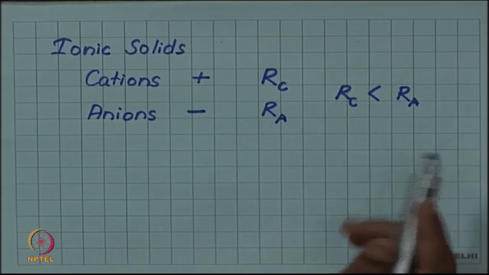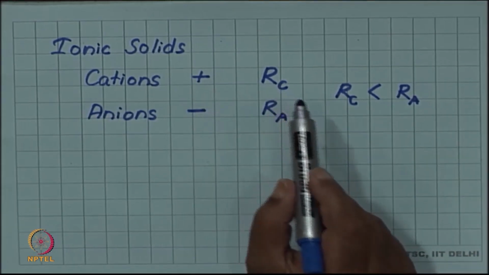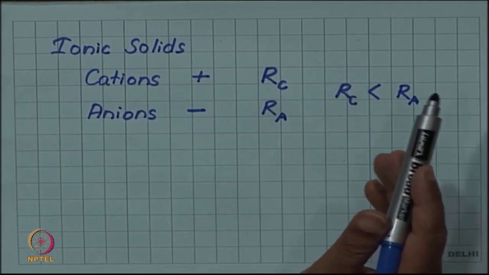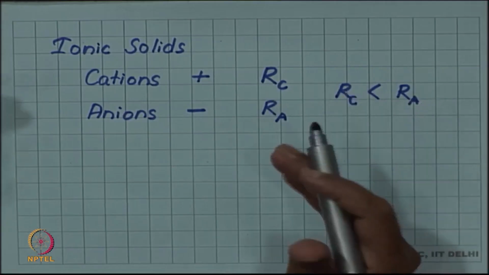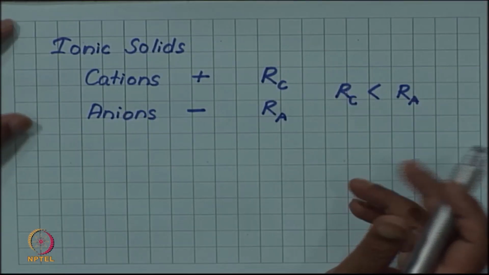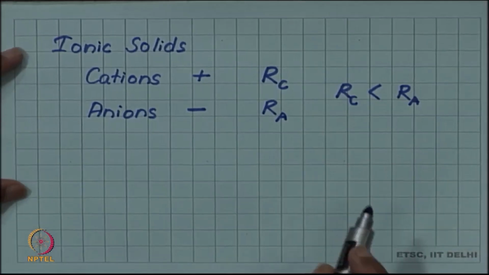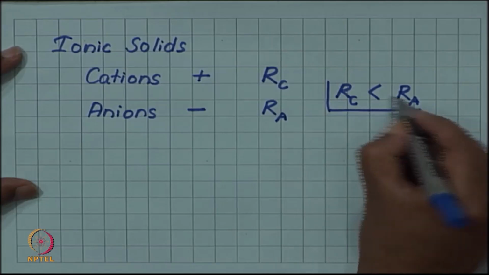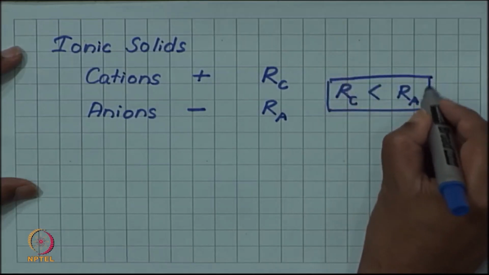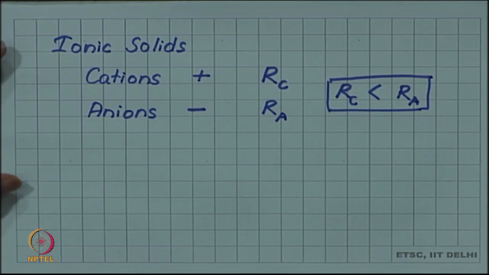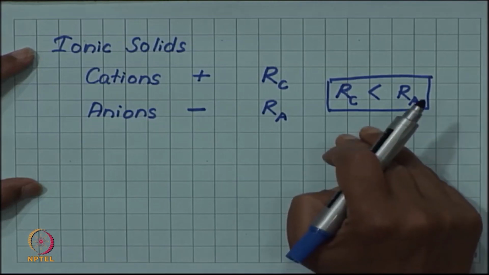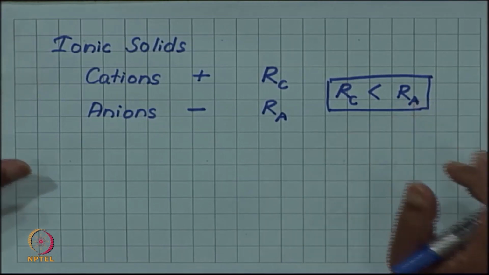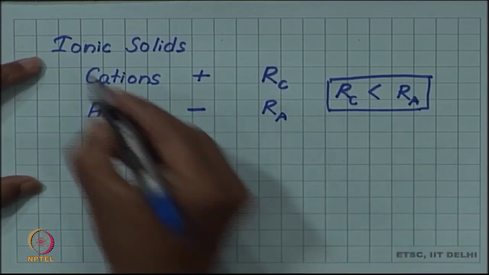So, the size will increase, whereas for a cation, if you have 1 or 2 electrons in the outer shell and it loses them, then it may lose one whole orbital. So, the size will reduce. So, cations are usually smaller than anions. This is an important fact when we want to contrast this with the metallic structure, because for metallic elements all atoms were of equal size, but here we have to think about ions of different sizes.